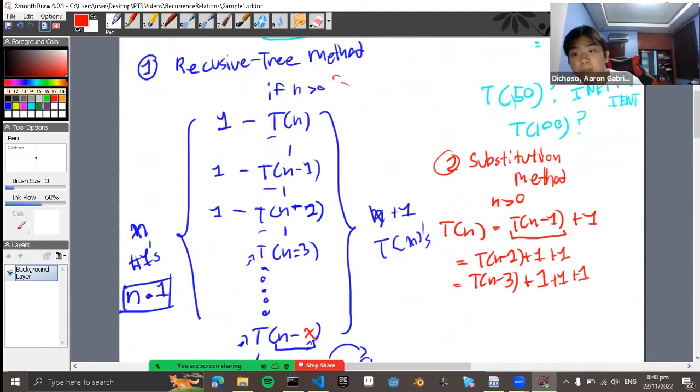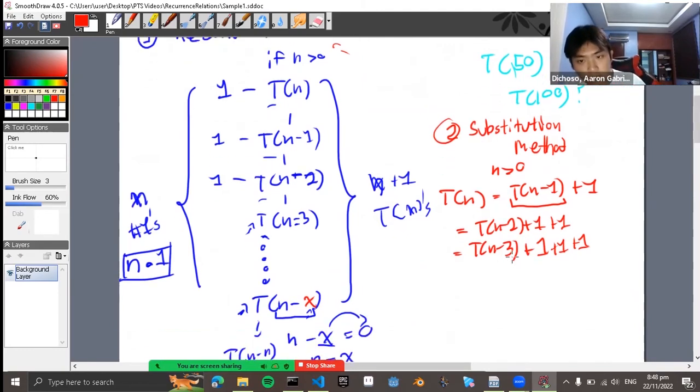Now we start to see a pattern. The number here, the 3, is equal to the number of ones on the outside as well. So if we say T of n is equal to T of n minus x, then the number on the outside would also be an x.